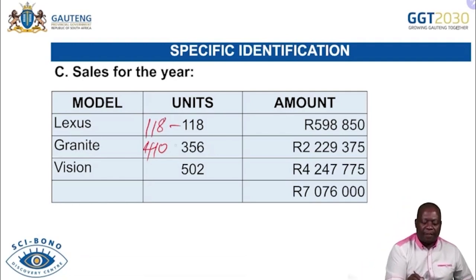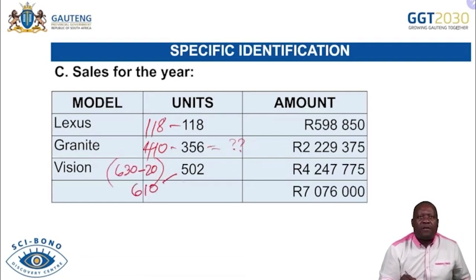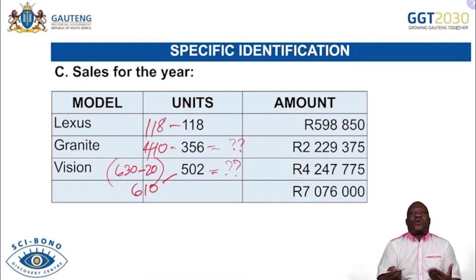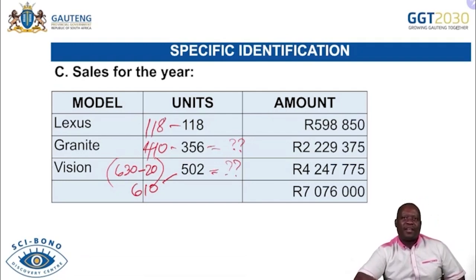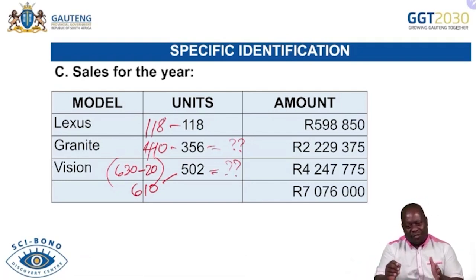And then here, remember we had 630 minus 20 which have been returned, and we were only left with 610. And out of the 610, only 502 have been sold. So how many are still there? We still have something. That's what you are trying to establish here, because that's how you drive towards your answer.